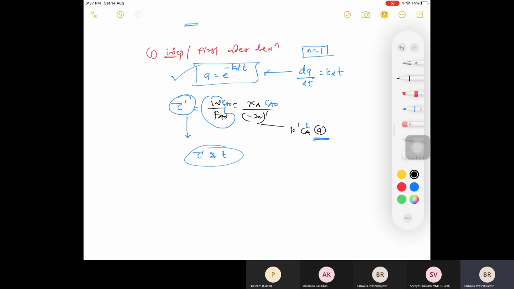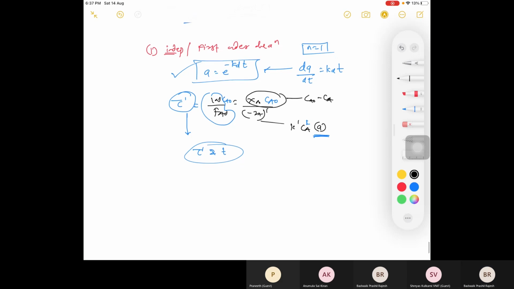Anyone is getting? All right. So Ca naught minus Ca is equal to tau dash K dash Ca, and there will be activity.